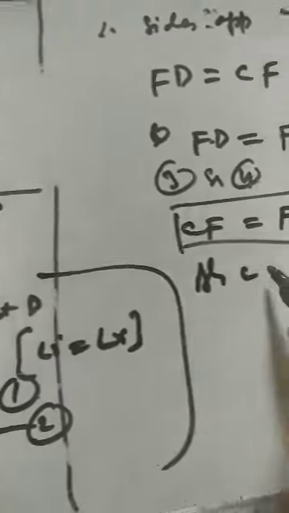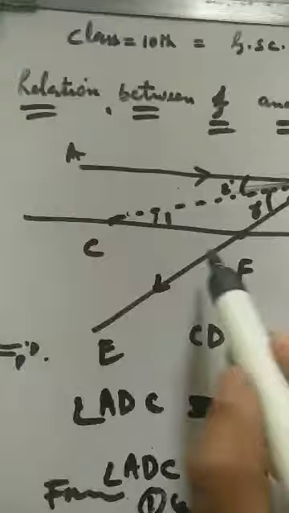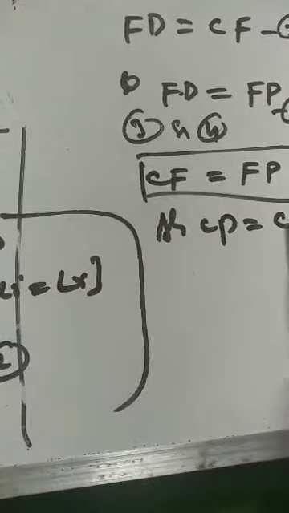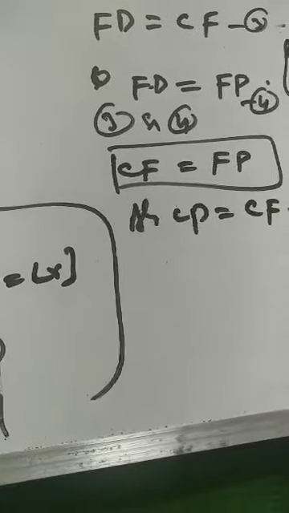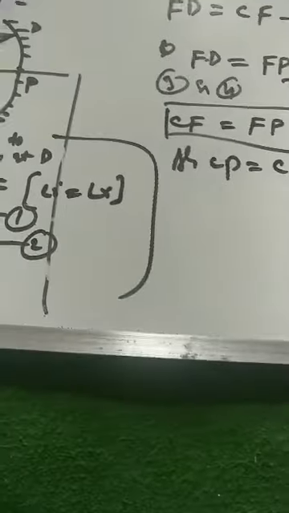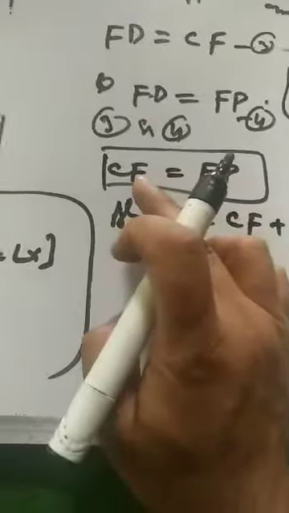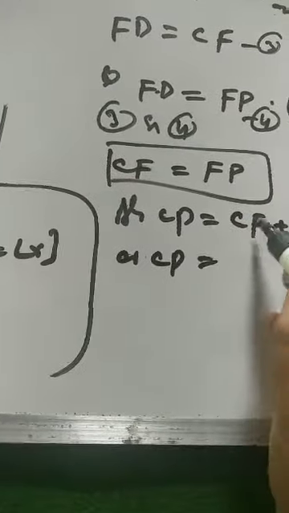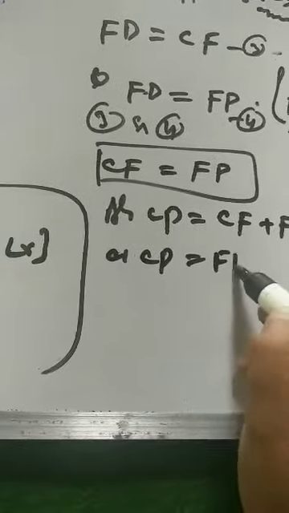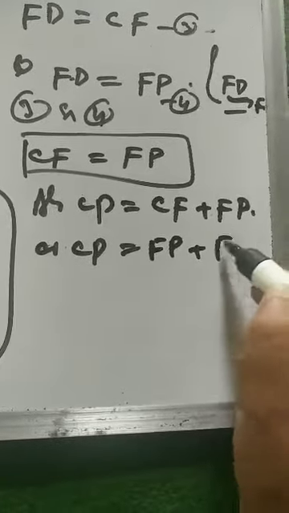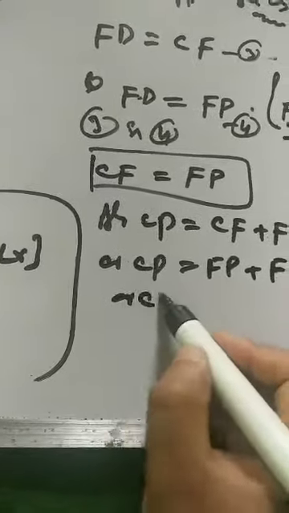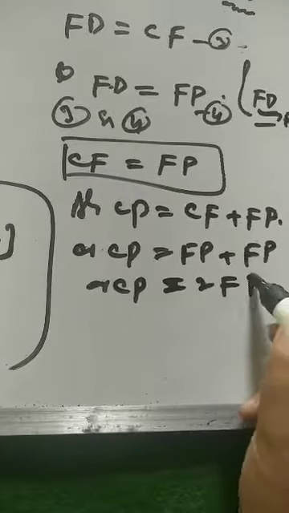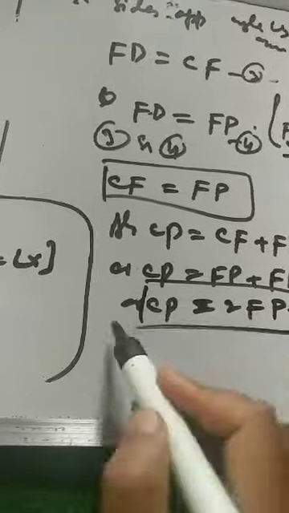Also CP is equal to CF plus FP, F is the point on CP. यहाँ CF जो CF हैं FP के बराबर हैं, और CP is equal to FP plus FP, that is 2 times FP. This is the relation.